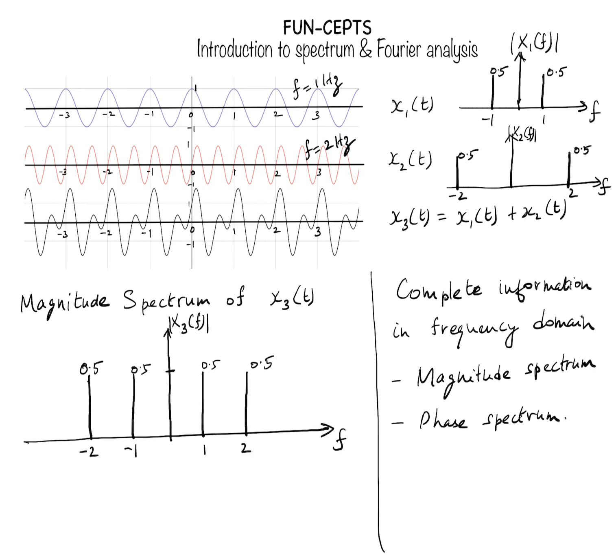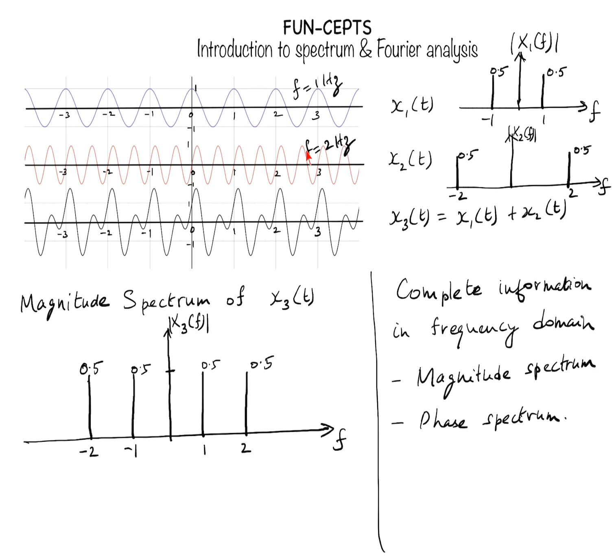Now if you look at the time domain waveforms for these corresponding spectra, we notice that these time domain waveforms are periodic in nature. So one of the observations we draw from this is that if the time domain signal is periodic, then the spectrum or the Fourier domain is discrete in nature.